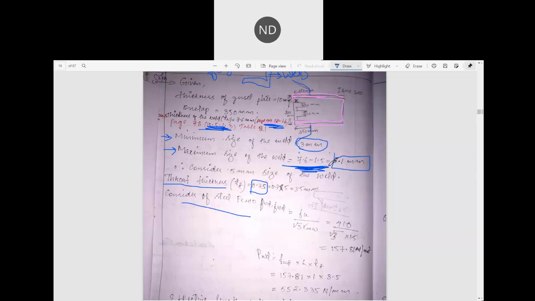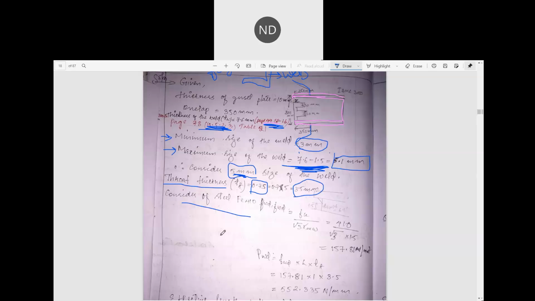If we take one nearer to this maximum size, we are taking 5, right? So for 5, throat thickness is how much? 0.7 S, as we have considered S to be 5, so throat thickness is 3.5.